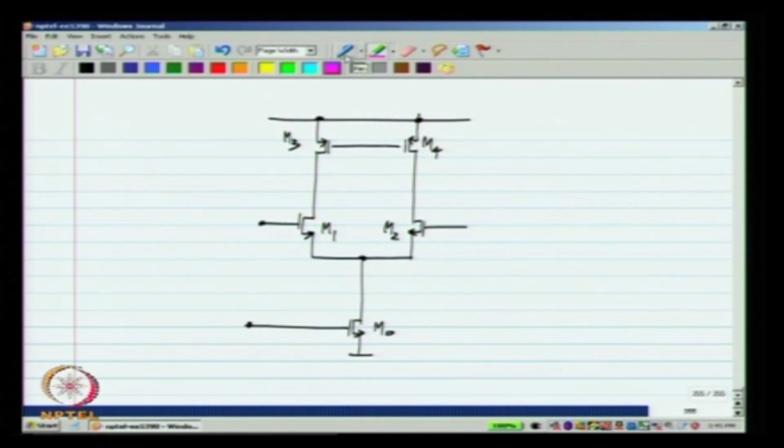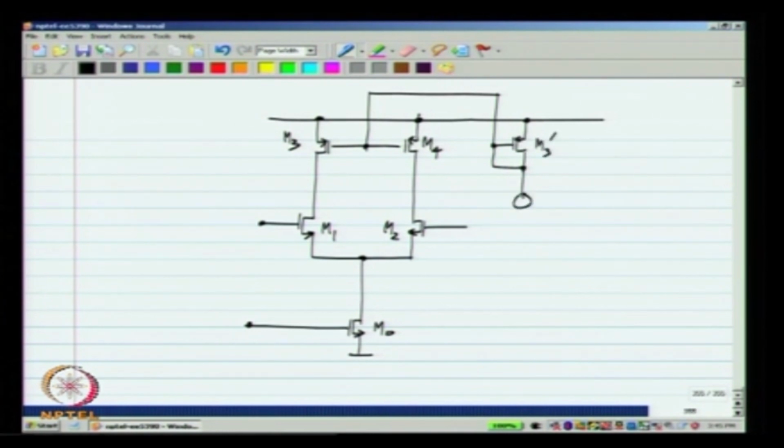So, here we will do something different, we will bias these with a fixed voltage Vg3. What I mean here is that it will be from some current mirror. Okay. That is, the current in this is not variable. Okay, it will always come from some circuit of this sort, some replica. Okay.